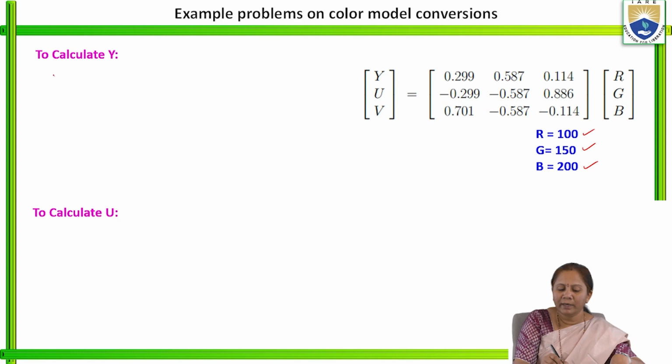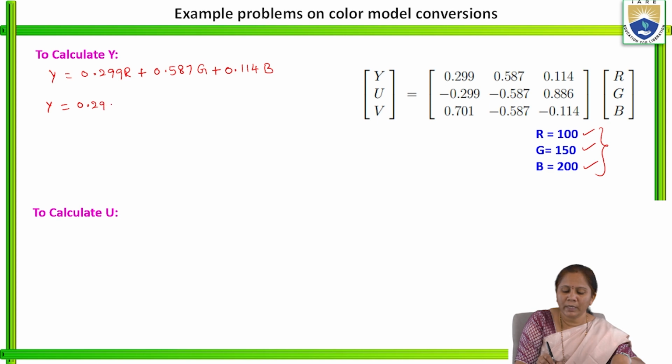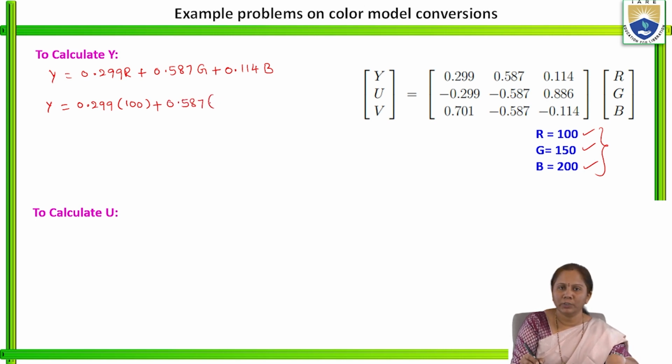So the formula for Y is 0.299 into R plus 0.587 into G plus 0.114 into B. Substituting the given values: Y is equal to 0.299 into 100 plus 0.587 into 150 plus 0.114 into 200.